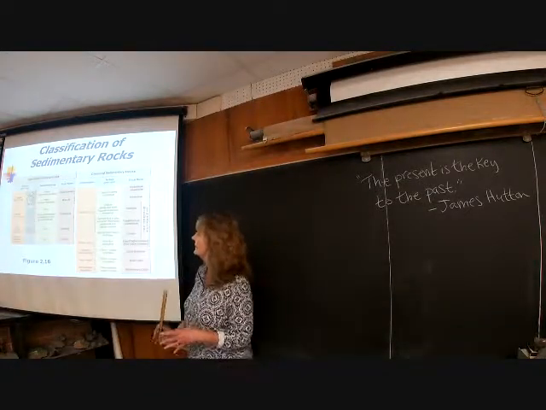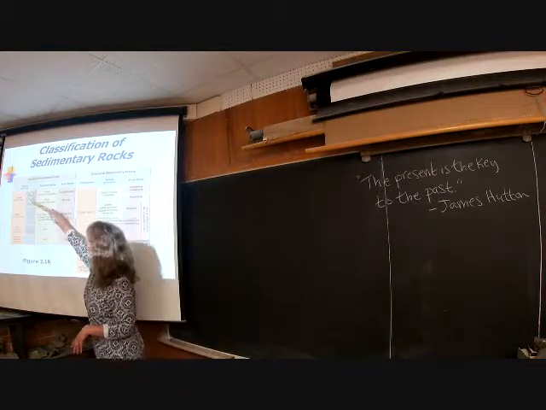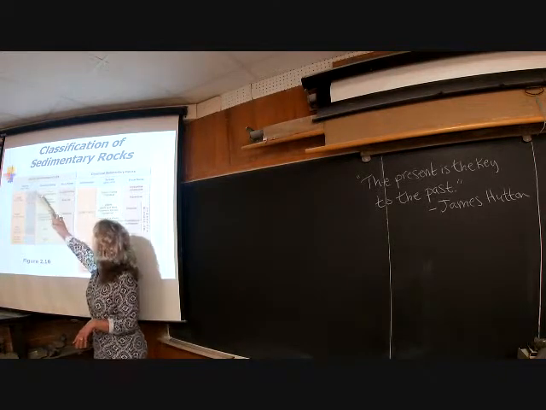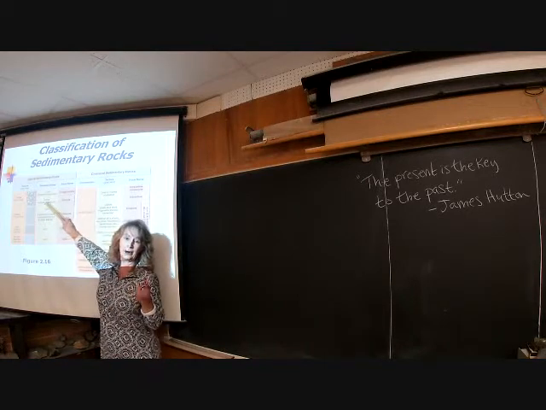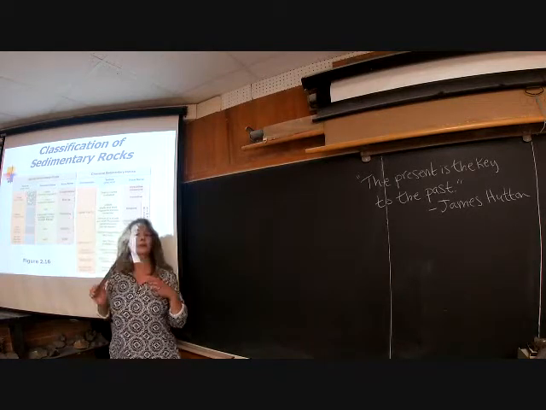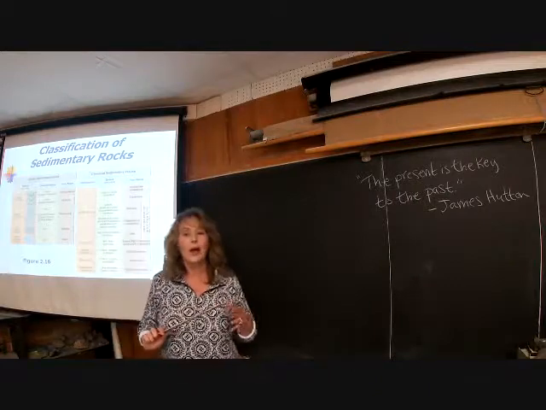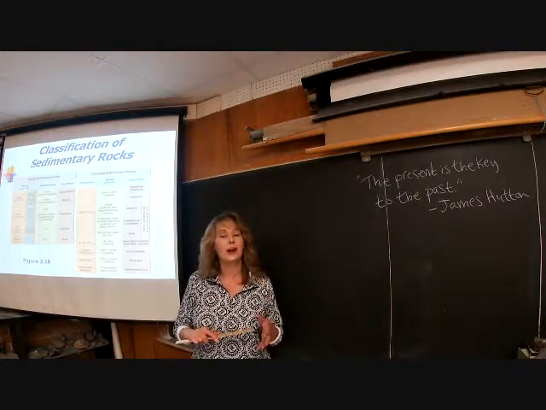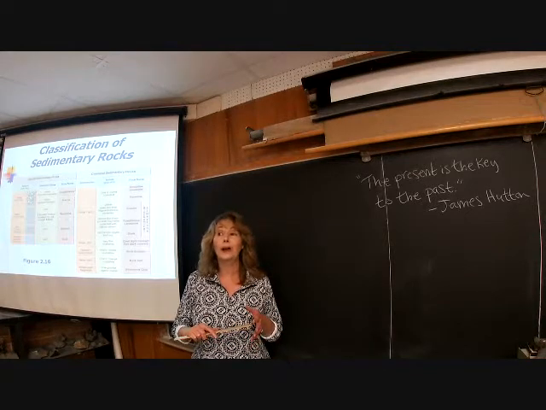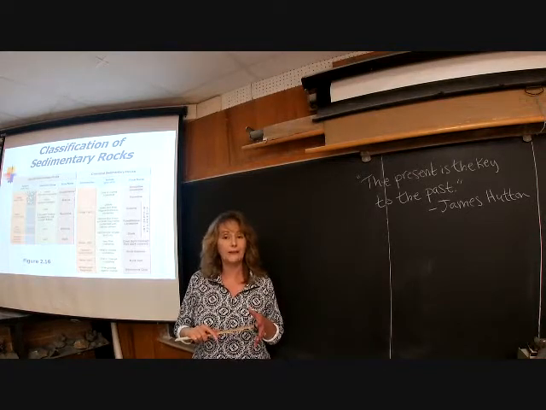And so on this classification chart, you see the coarse grained, call that a conglomerate. If your gravel fragments have angles on them, so they're kind of sharp, that can tell you something about a past environment or a past history of your gravel.